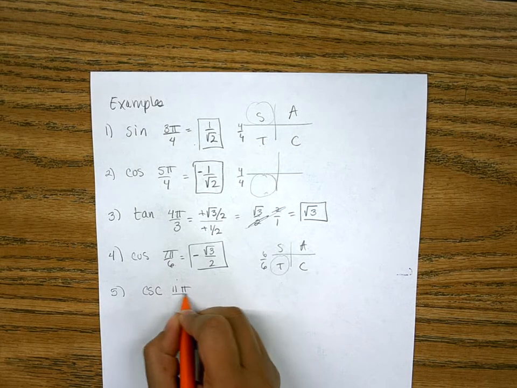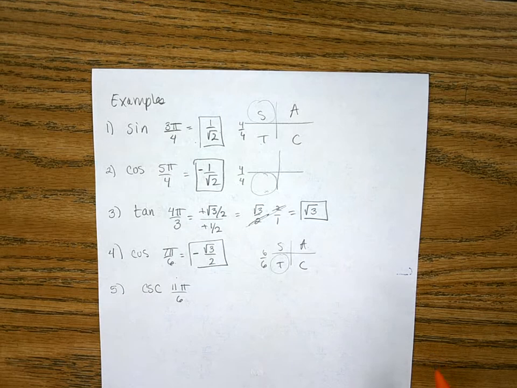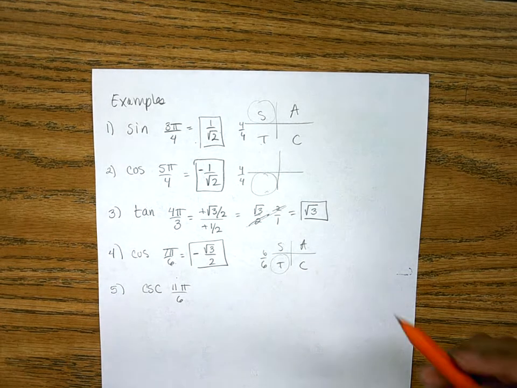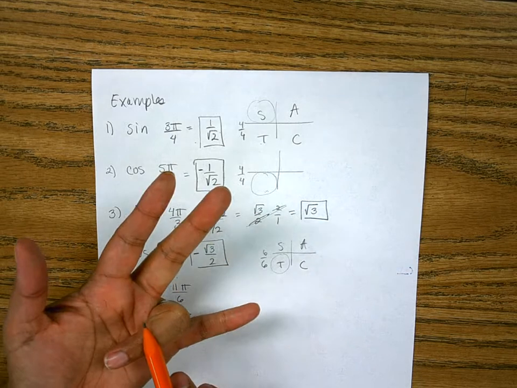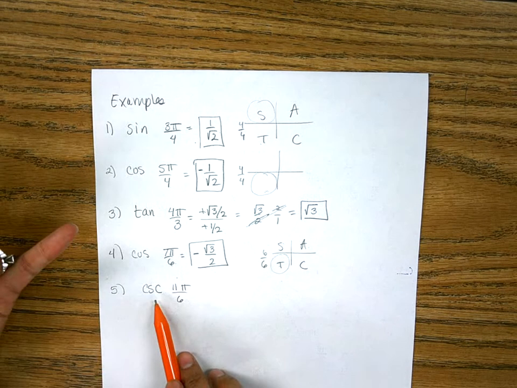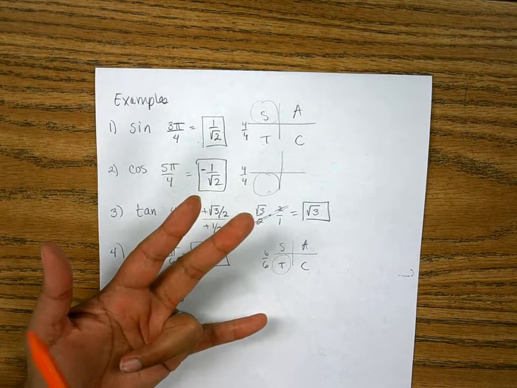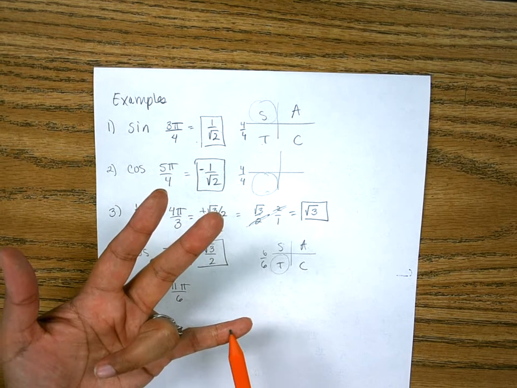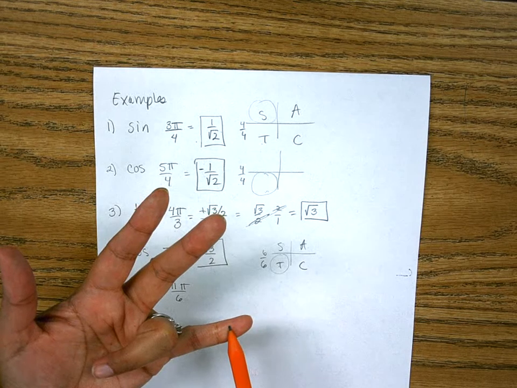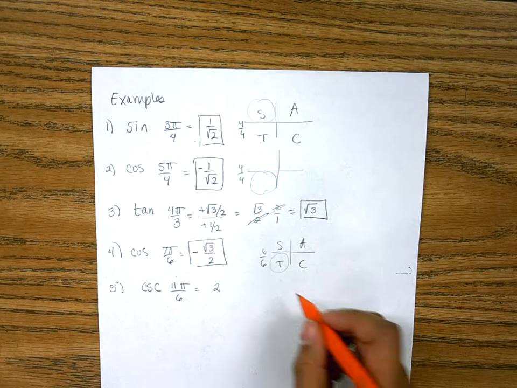All right, number 5. Cosecant 11 pi over 6. Reference angle again is 30. So I'm putting this finger down here. Cosecant's the reciprocal of sine. Cosine, sine. So this is 1/2, and the reciprocal of 1/2 is 2.